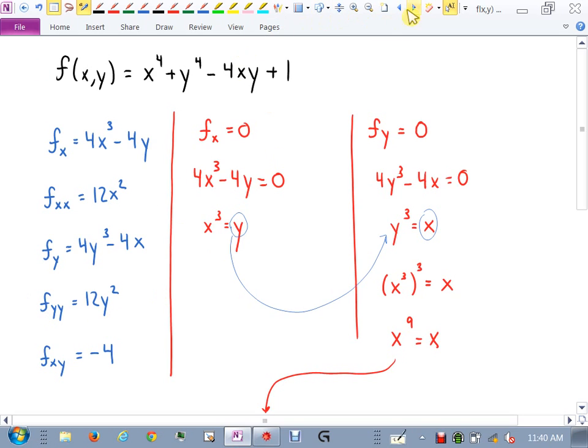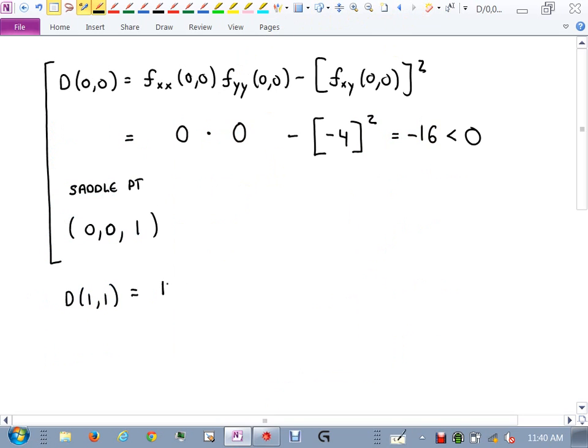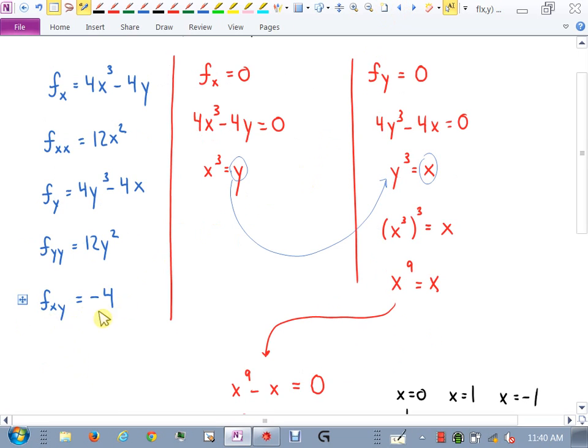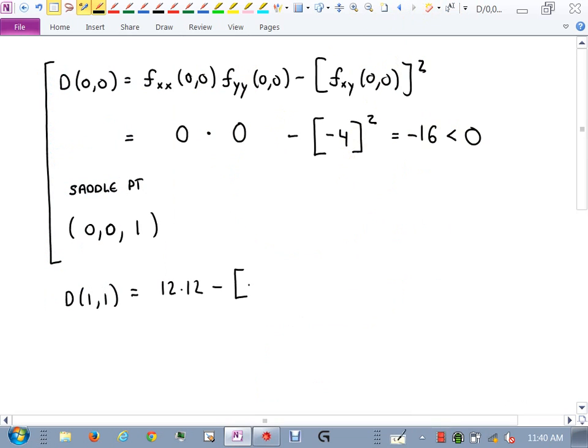So I have 12 times 12 minus fxy. fxy was a constant, negative 4, so I don't have to worry about computing that. Negative 4 squared is positive. 144, take away 16, it's still a positive number.